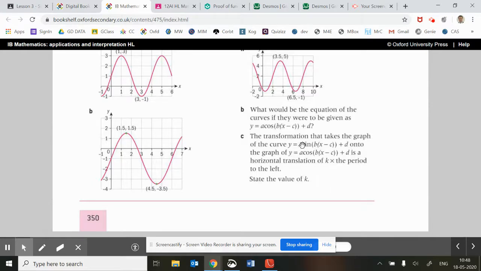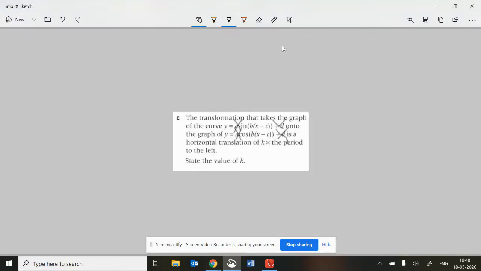Okay, well, I guess first thing to note is that a, b, c, and d are the same in both of the cases here. So the sine graph and the cos graph have undergone the same transformation. Second thing to note is that we do not need the a and the d.